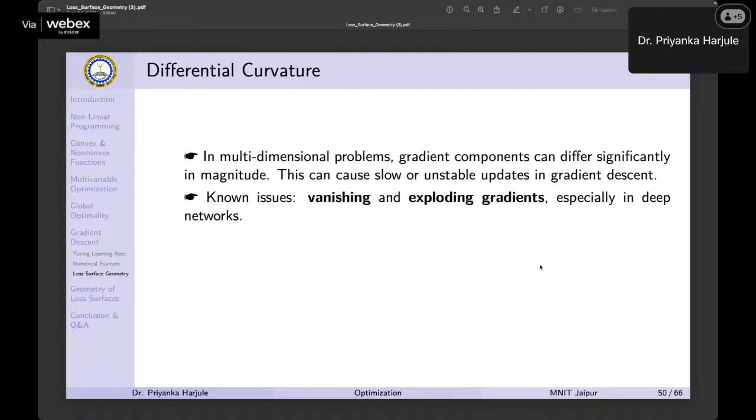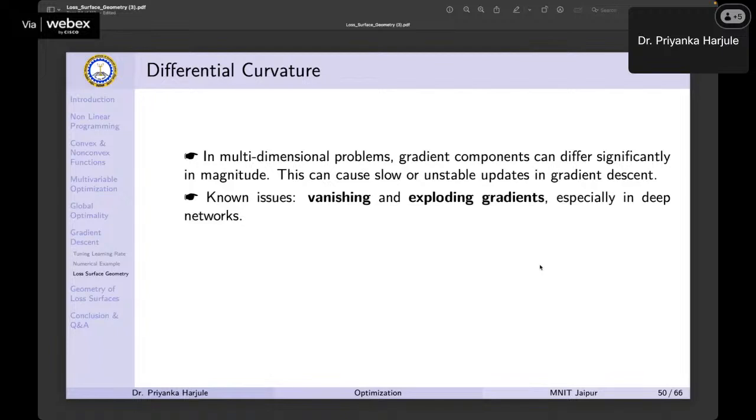Next, we have the differential curvature. In multi-dimensional settings, the gradient components may have very different magnitudes, which causes problems for gradient descent methods. For example, neural networks have large differences in the magnitudes of the partial derivatives with respect to the parameters of different layers.